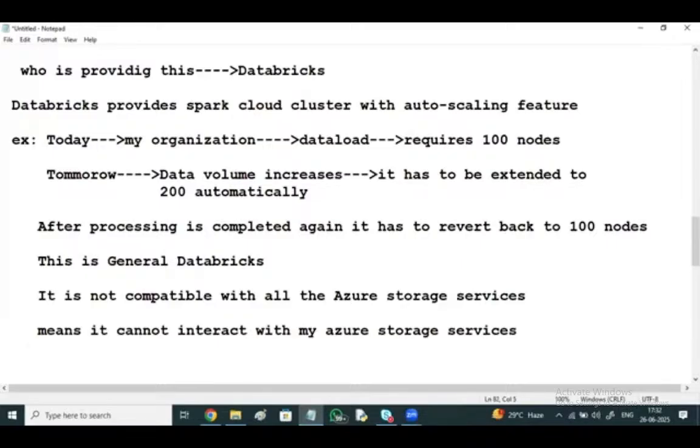Generally in Azure, what are the storage services?